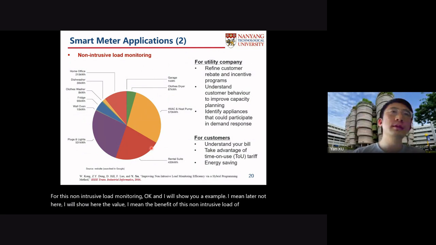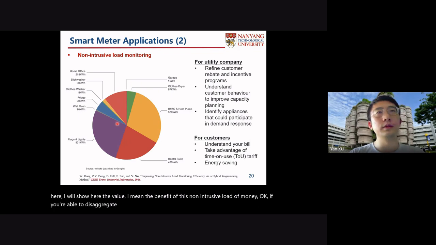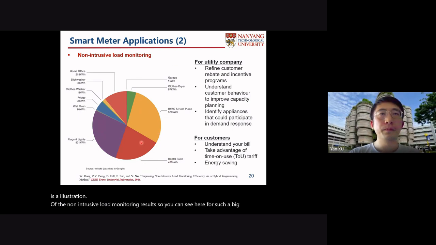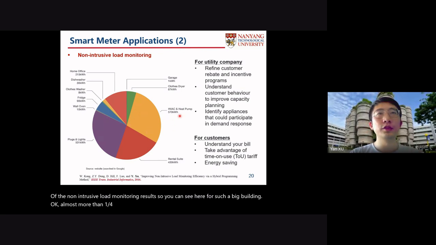If I'm able to disaggregate the total power consumption into individual appliances, we will know how much power and energy is consumed for each appliance. So here is an illustration of the non-intrusive load monitoring results. You can see here, for such a big building, more than a quarter of the power and energy are consumed by HVAC, heating, ventilation, and air conditioning.